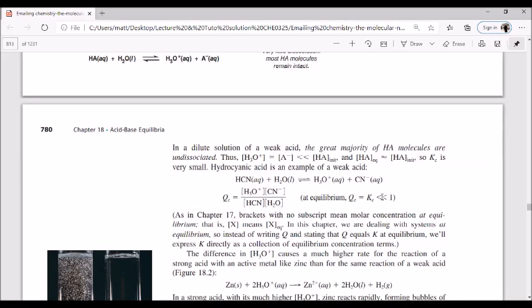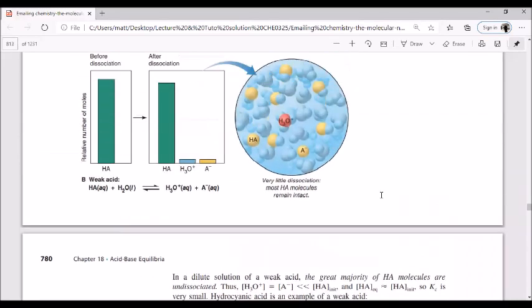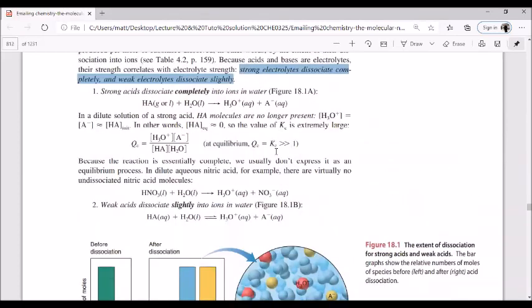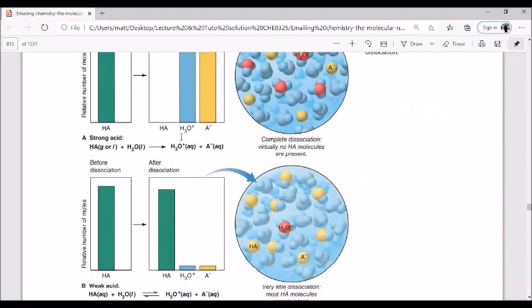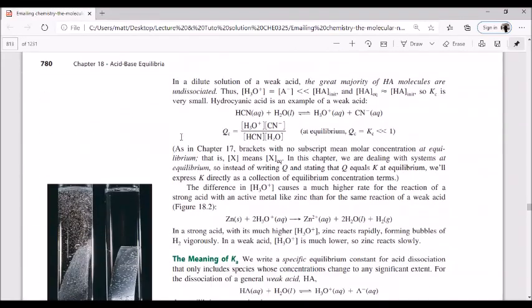It shows that it is very weak. So at equilibrium, Kc is very small for a weak acid, compared to a strong acid, where Kc is very large, because dissociation occurs and creates a very high concentration of hydronium ion and A minus.